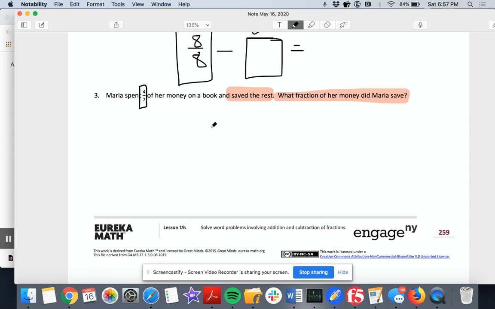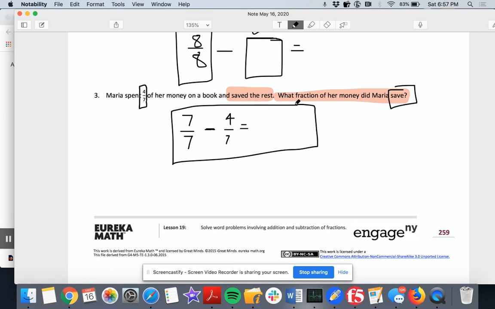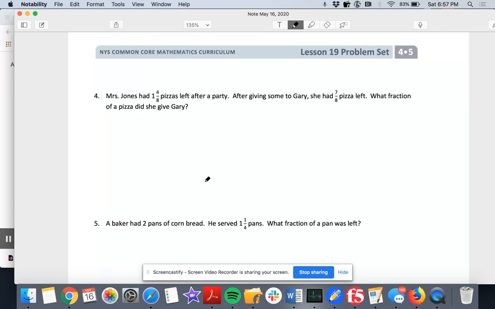Okay, and we know we need to subtract because it tells us that we need to figure out how much she saved. So we are subtracting our whole, which is 7 over 7, by 4 over 7. It's your job then to figure out this problem. Moving on to number 4.